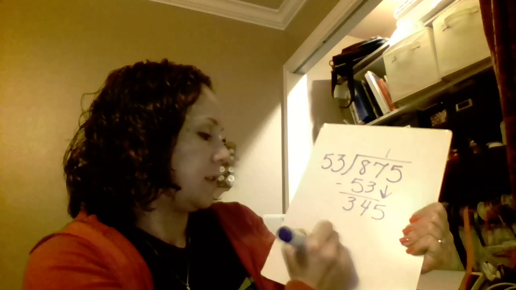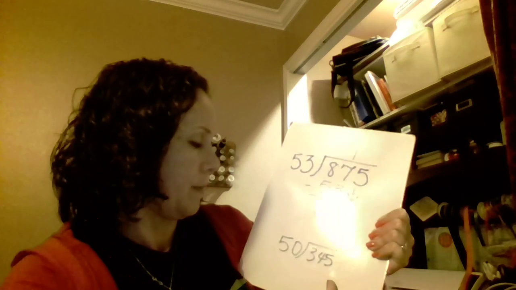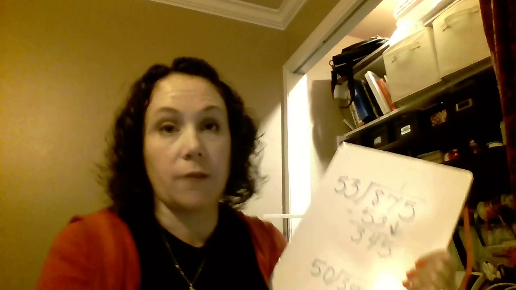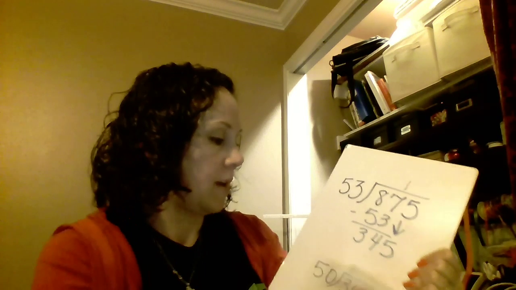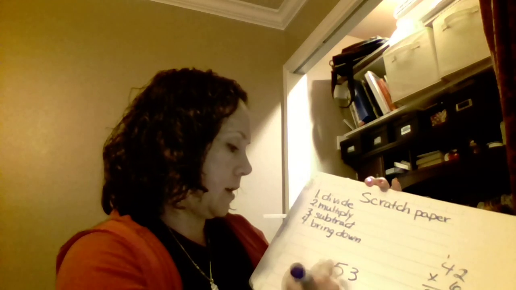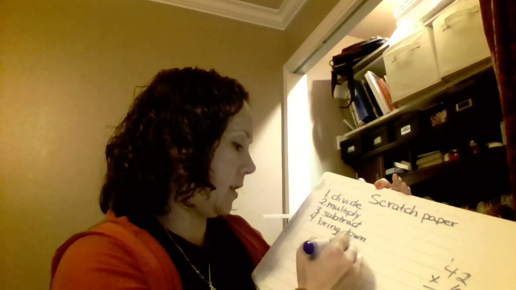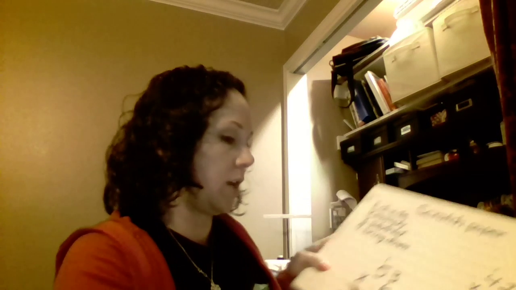So let's think again. How many times can 50 go into 345? Well, 5 will go into 36 times. So maybe we should try that one. So we'll go to our scratch paper over here, and we'll do 53 times 6. 6 times 3 is 18. 6 times 5 is 30, plus the 1, so we've got 318.